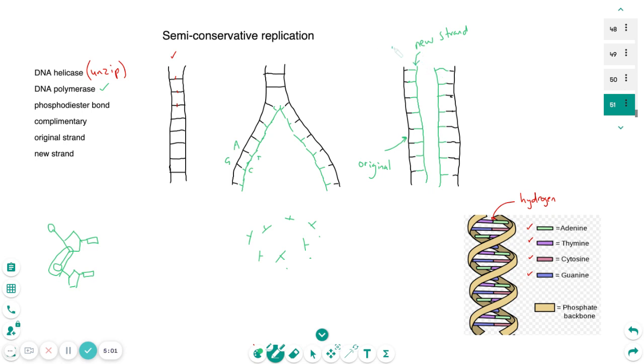So that's one DNA set there, and the same has happened here. So once DNA has copied itself, you're going to end up with half the original strands, and the other strand is going to be a new one that's formed complementary to it. And that is semi-conservative replication.